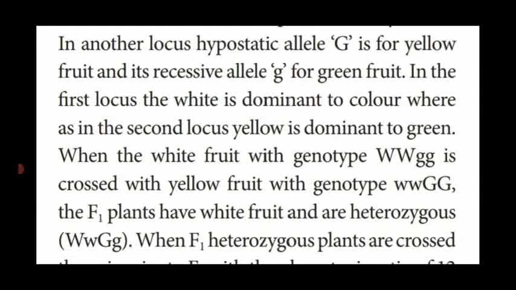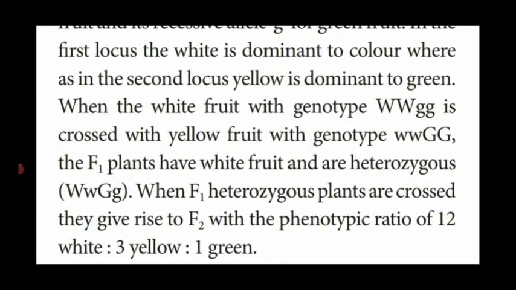In the F1 generation, all the plants have white fruit and are heterozygous. F1 generation plants are dominant but heterozygous, showing the different alleles. Then the F1 heterozygous plants are once again crossed.